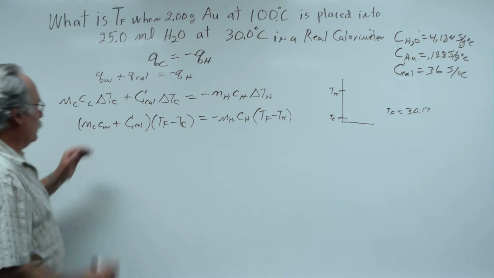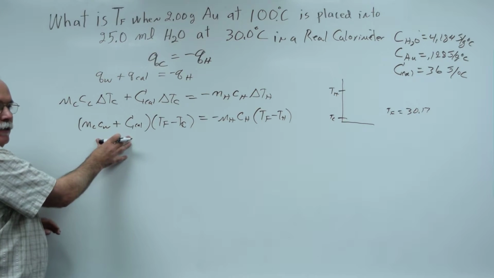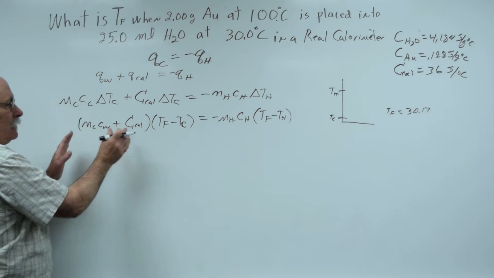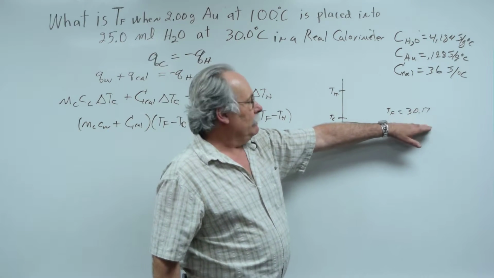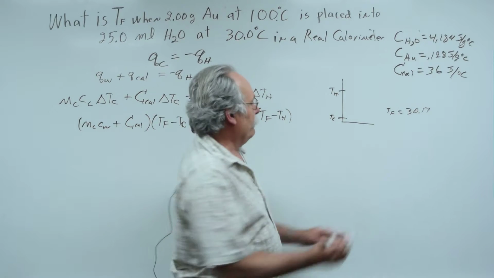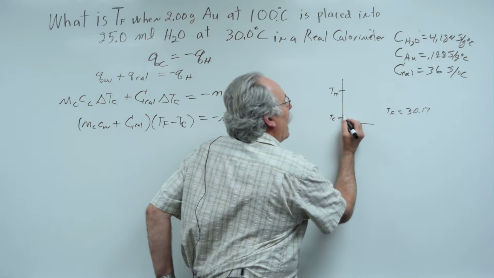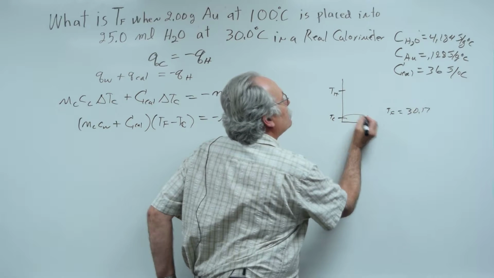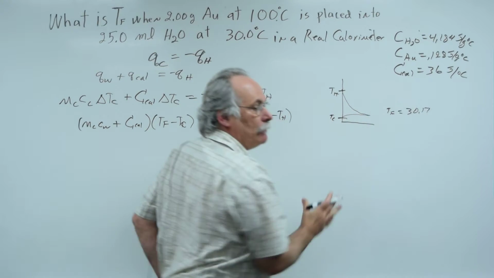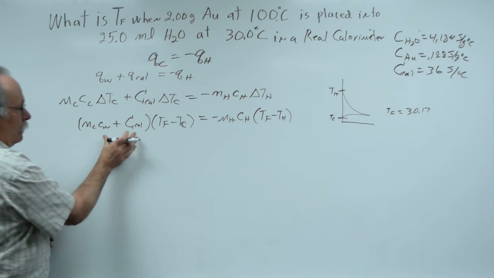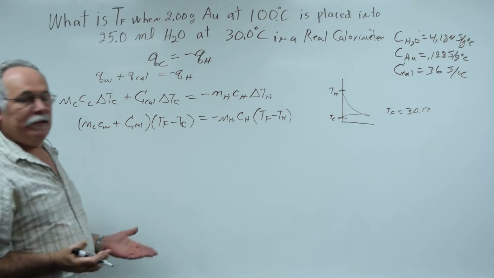Now that I have two objects absorbing it, it has an even greater capacitance, so we're going to expect the final temperature to be less than 30.17. So we're going to expect this to rise, but not rise as much as it did the last time, and this is still going to drop. In fact, it's going to drop more, because we have more cold material to absorb the heat.